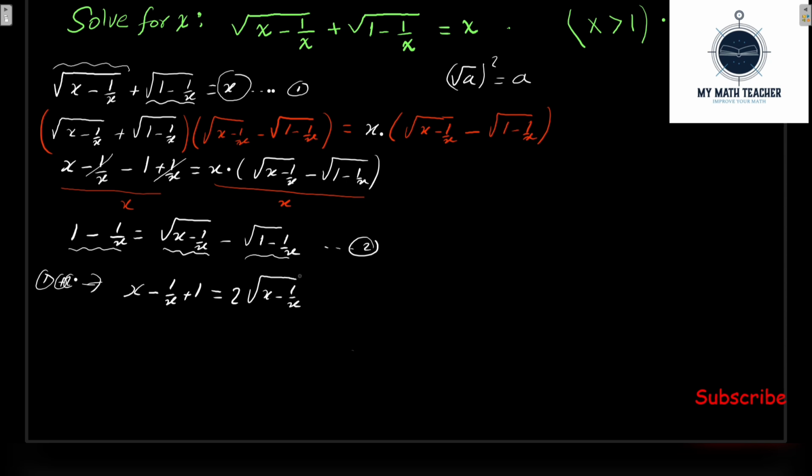So this is a new equation. Now here we have x minus 1 over x and here x minus 1 over x. So let y equal x minus 1 over x.